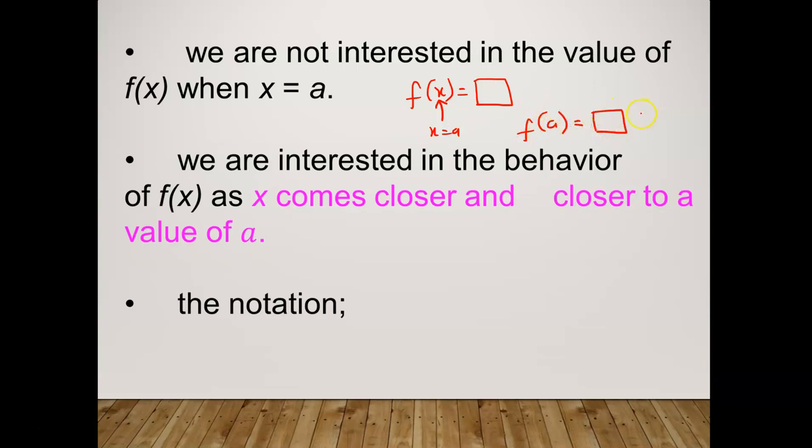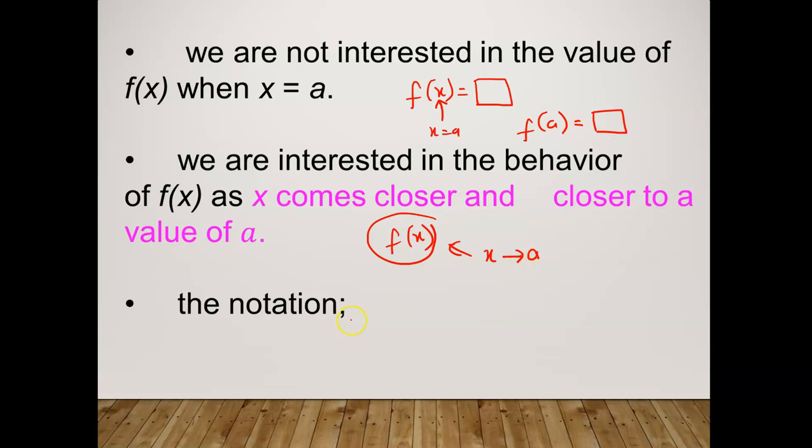We are interested in the behavior of f(x) as x comes closer and closer to the value of a. It means that if you have a function f(x), we want to check what happens to f(x) when x is approaching this value a.